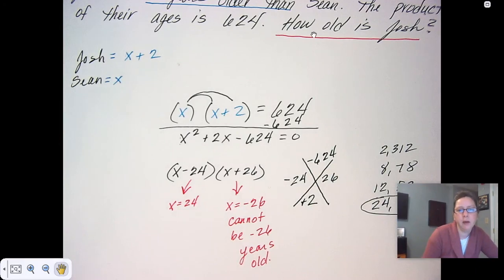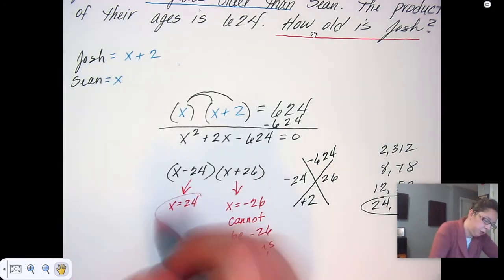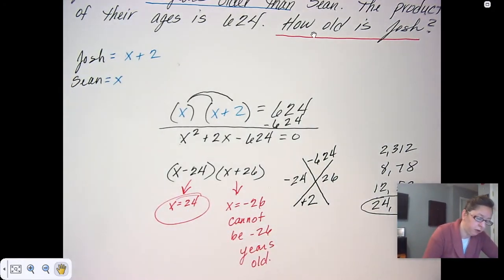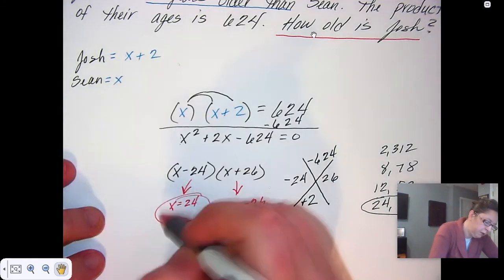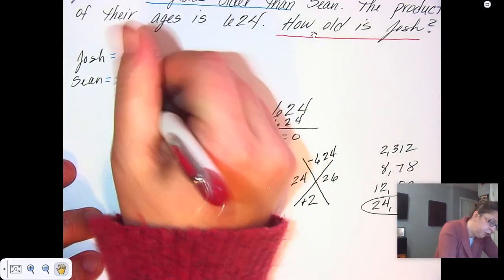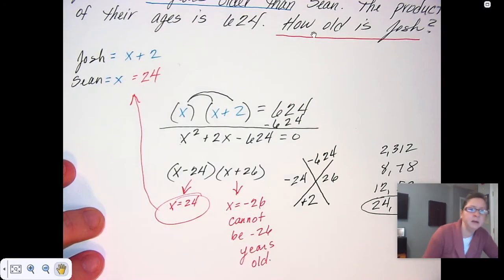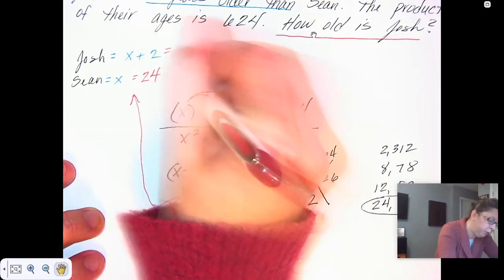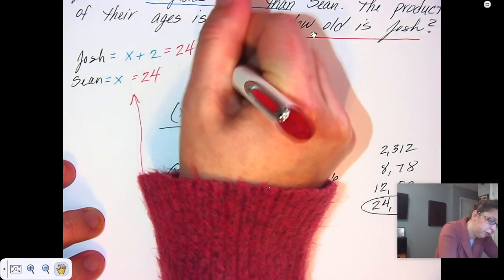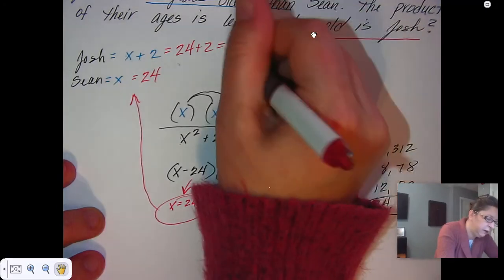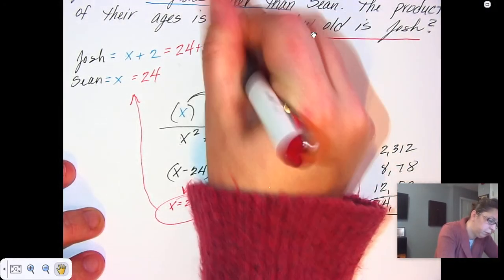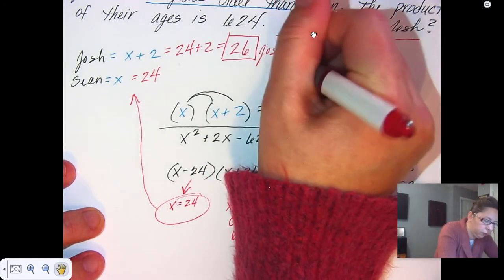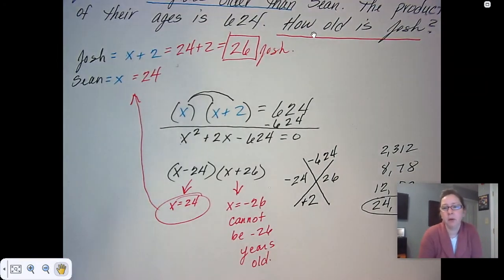Age doesn't work that way. So we have to use this 24. Actually, I'm sorry, that's Sean. Sean is 24 years old. So let's plug this back in. If Sean is 24, then how old is Josh? I have to add 2. And so Josh is 26. Josh is 26, and that's my final answer.